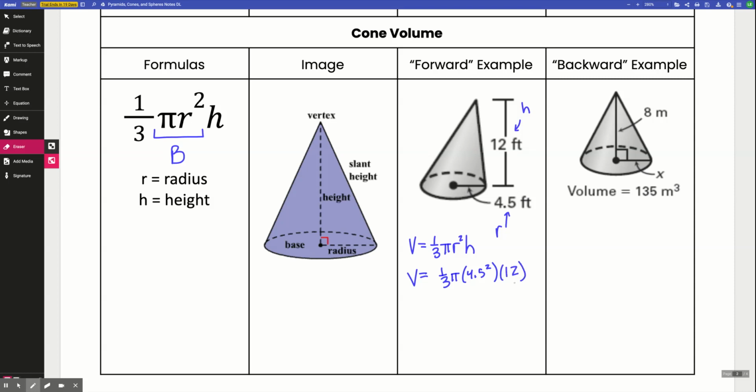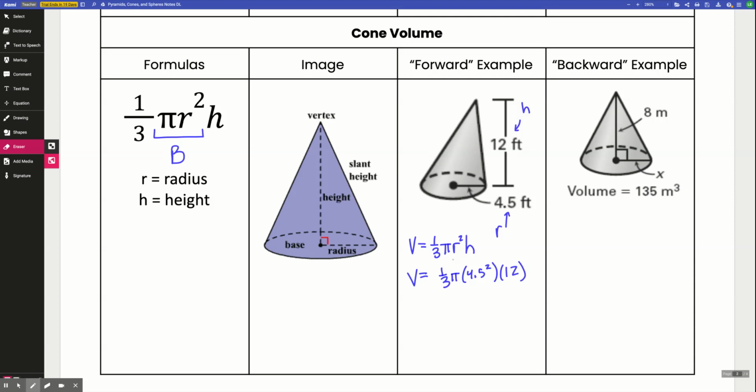Okay, so I'm going to go ahead in my calculator. Now, since technically all of this is being multiplied and divided, you can do it in a different order than I did, and you should get the same answer as long as you're not multiplying when you should be dividing. As long as you're following your order of operations, you're fine.